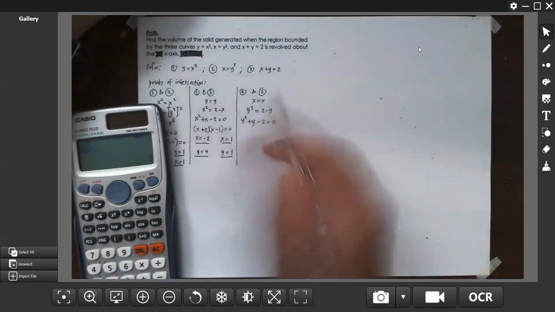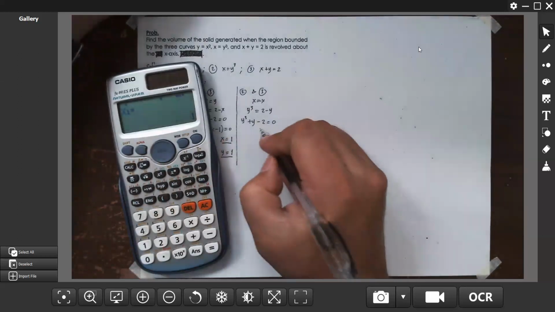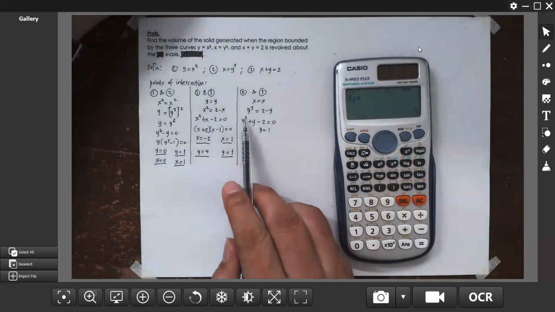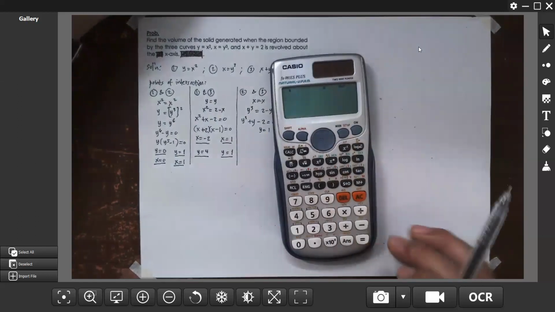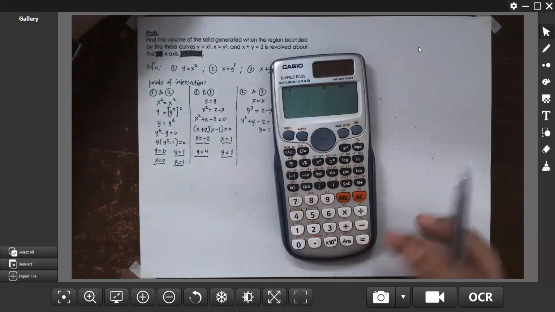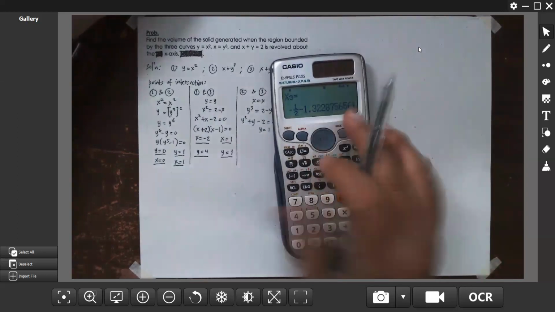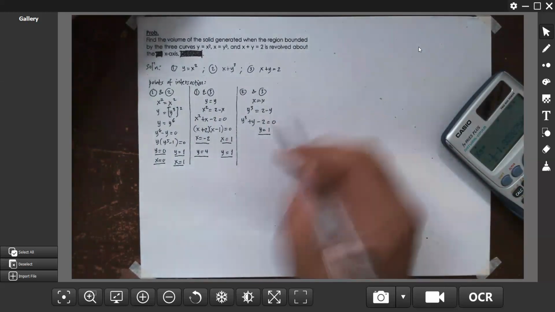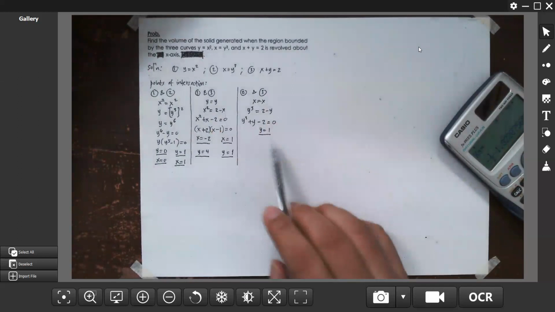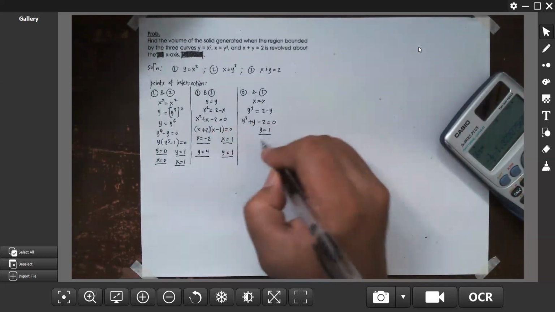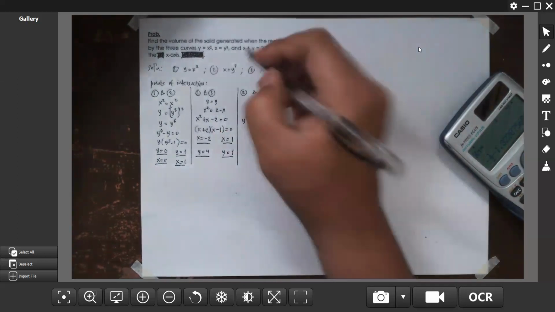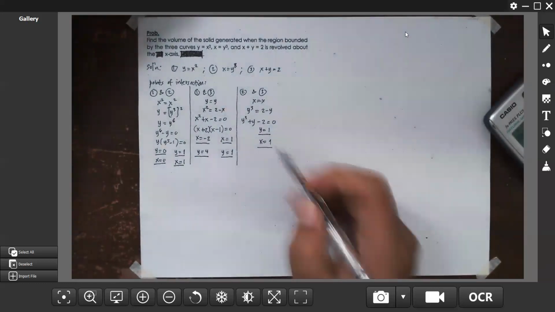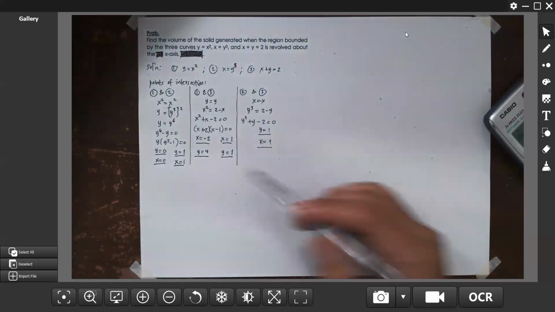So we have y equals 1. Actually, we have 3 roots, but the other roots are imaginary, so we will disregard them. We only consider y equal to 1. And if you substitute into equation 2, when y is equal to 1, x is also equal to 1, since this is y cubed. So these are our points of intersection.